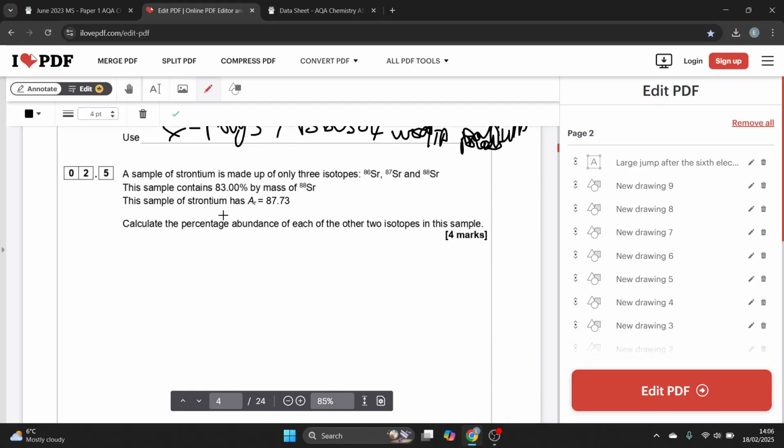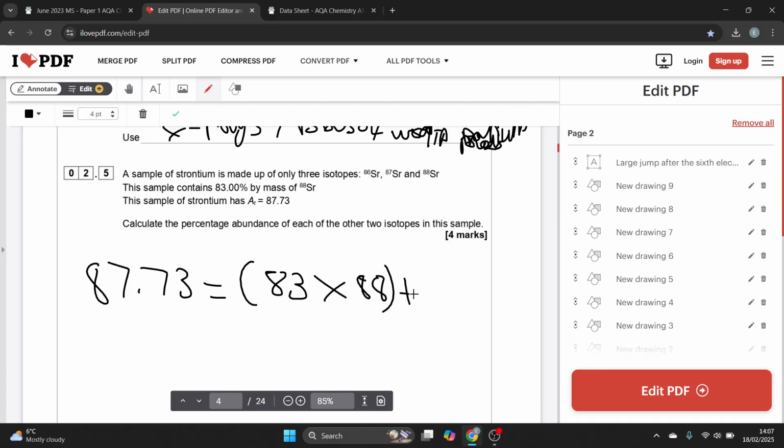I know Ar is 87.73. I know 83% by mass of 88Sr, plus 86 plus something, 86 and something 87, divided by 100 is a percentage abundance.